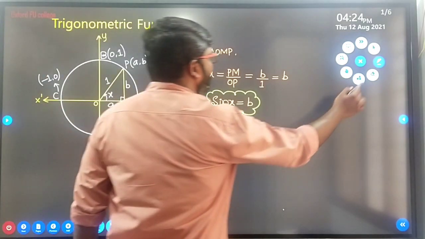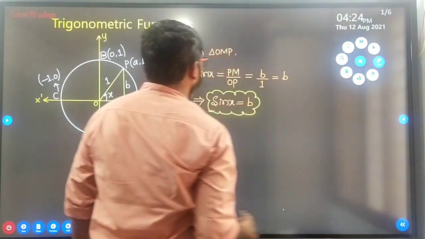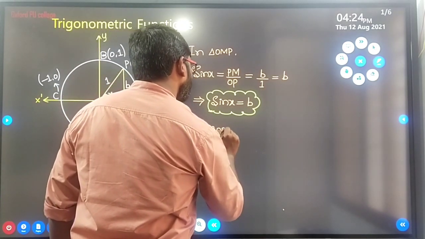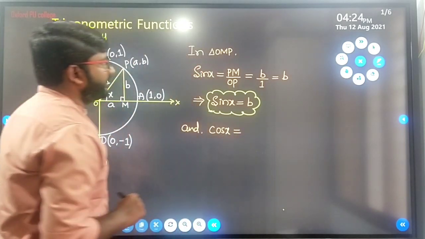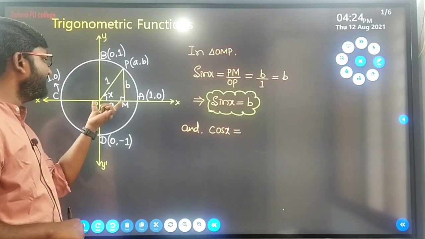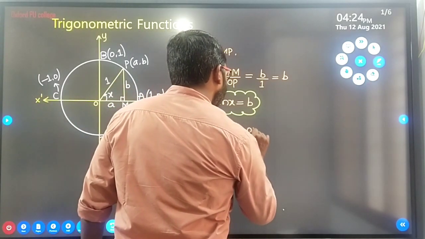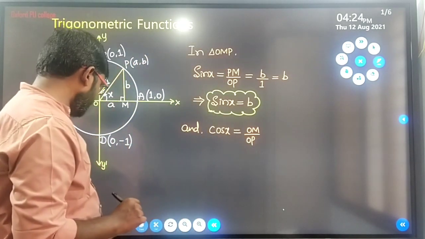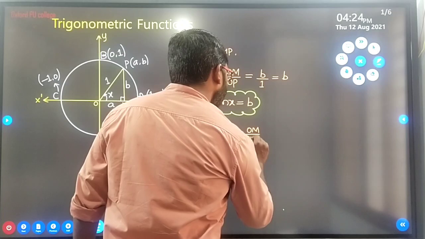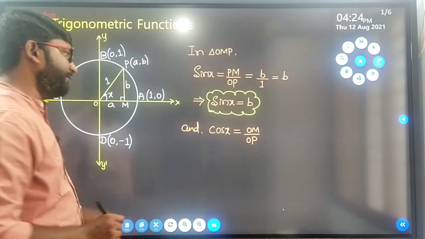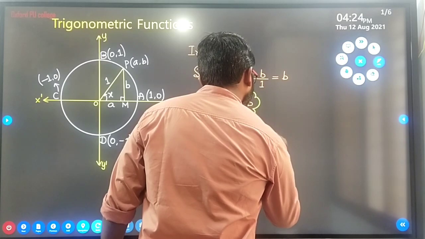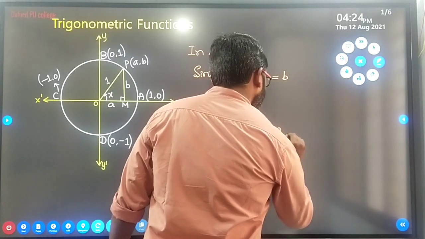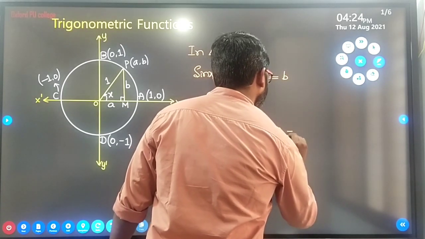Similarly, I will be going for cos x. cos x is equal to adjacent by hypotenuse. What is the adjacent? It is OM. OM is the adjacent by hypotenuse, which is OP. So what is OM here? OM is small a, so a by 1 it will be a.